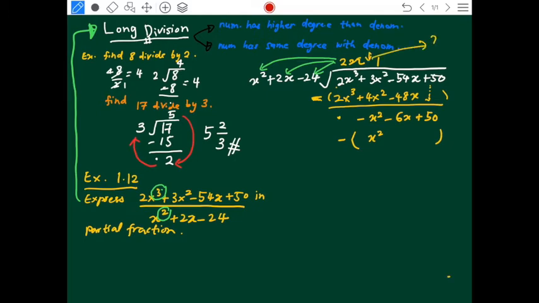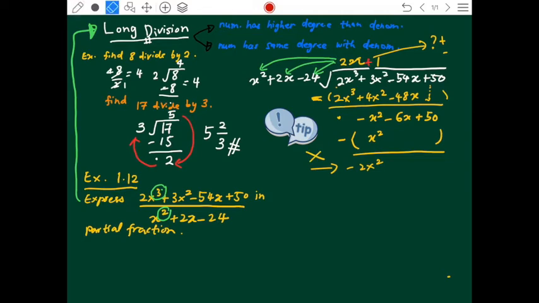Is it positive or negative? If you put positive, you'll get minus x squared, you'll get 2x squared. So this is the wrong answer.